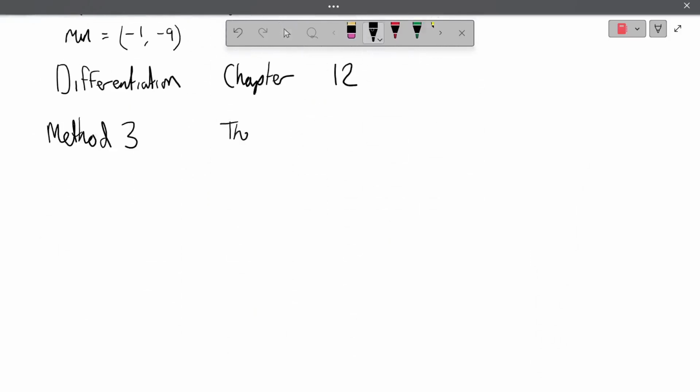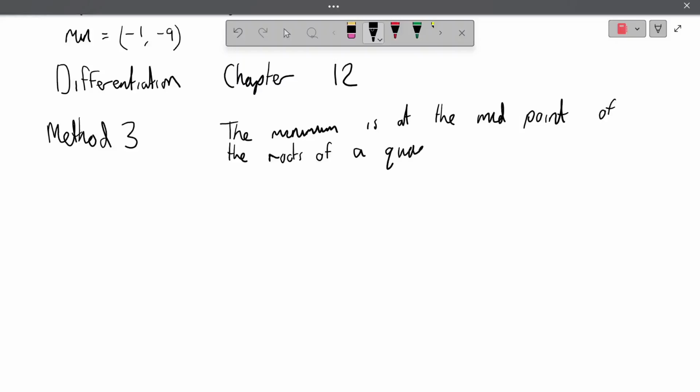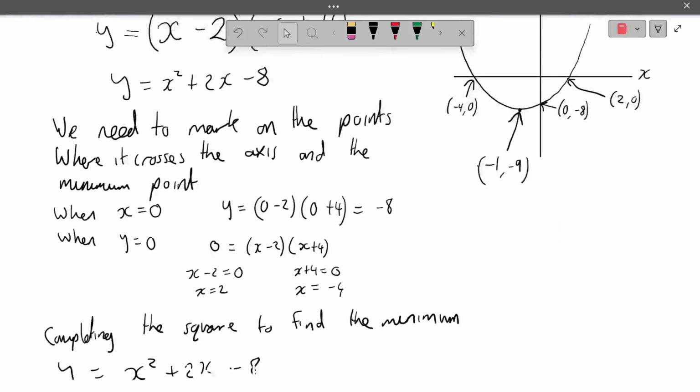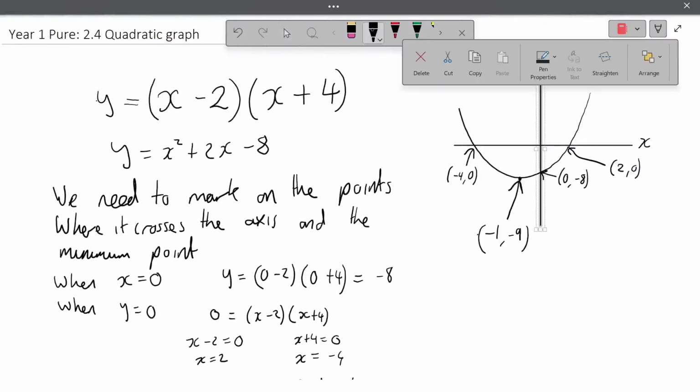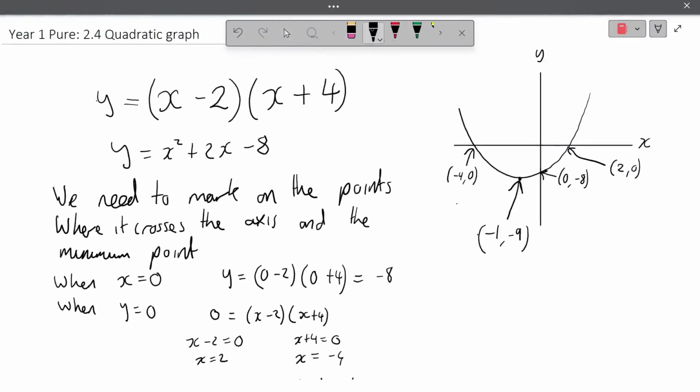So the minimum is at the midpoint of the roots of a quadratic. Well, what do I mean by that? Well, if I go back up to the graph, and we have x is minus 4 and x is 2.